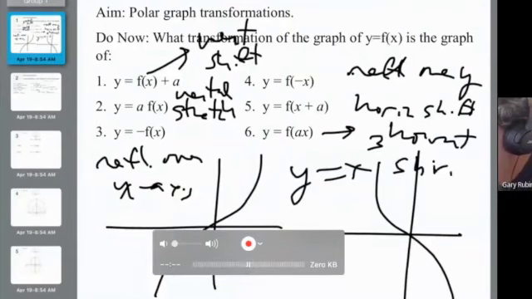I've heard different things for those: compression, I'll just say stretch, and shrink.